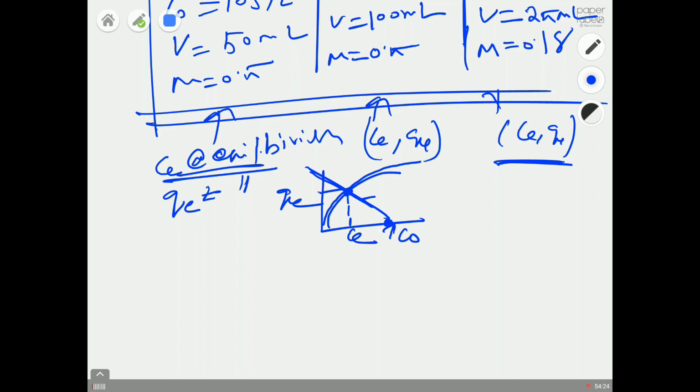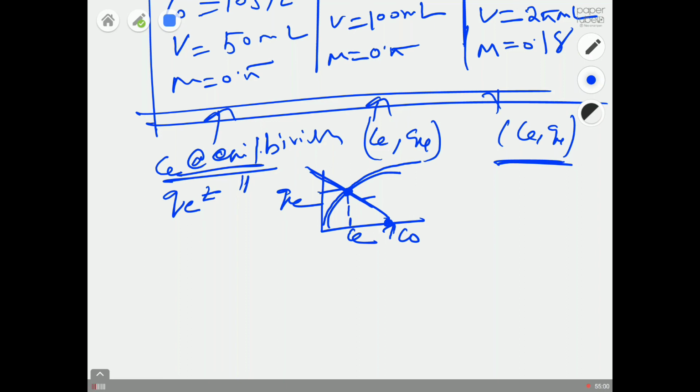So you shouldn't be scared. If you know this technique, you don't have to worry about the volume of the reactor. Whether you perform the adsorption experiment in 25 ml or in 25,000 liters, if you know the graphical technique and have the equilibrium data in your hand, you will know how to draw the slope line and how to locate your C0 point on the plot of CE versus QE.